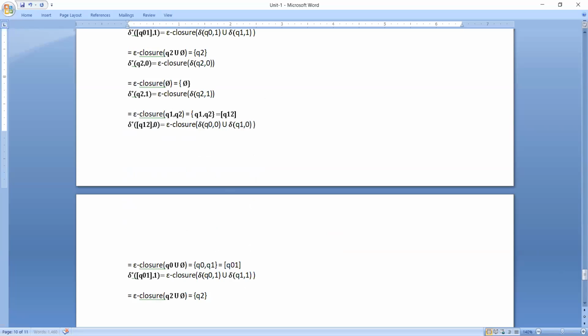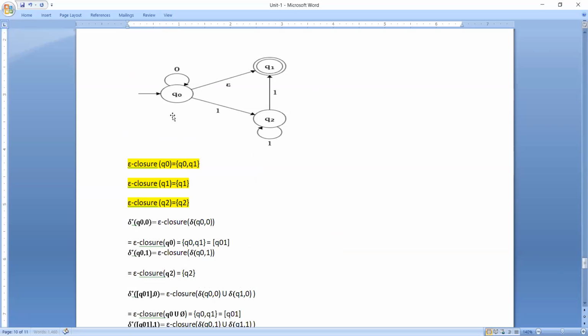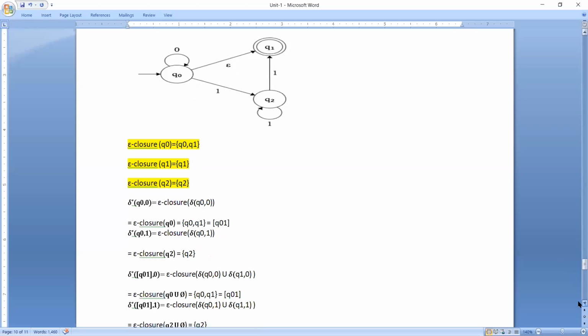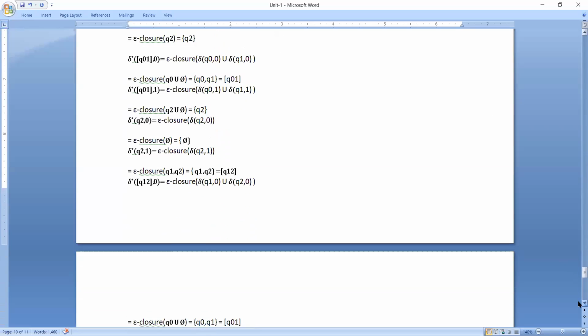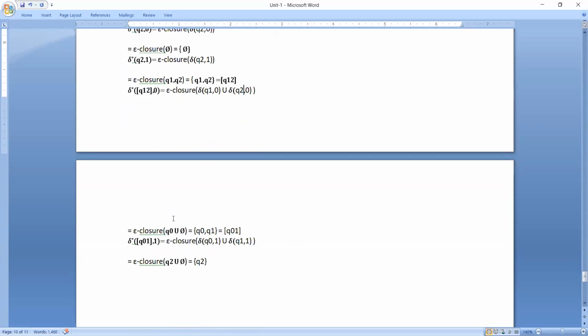Q12 on 0. So here Q1 on 0 and then Q2 on 0. What is Q1 on 0? Nothing. Q2 on 0 is also nothing. Both are φ, so this entire thing will result in φ itself.